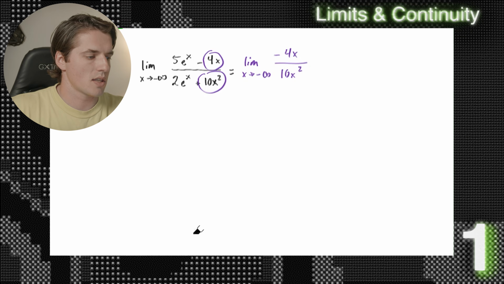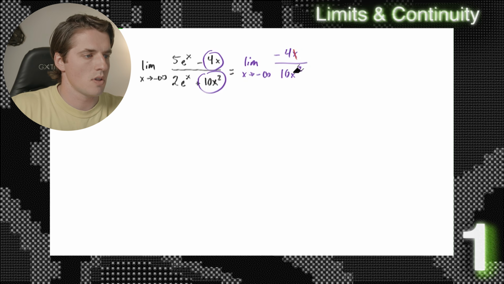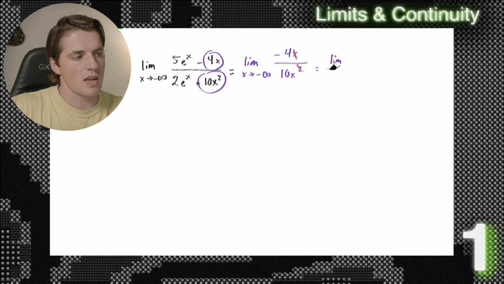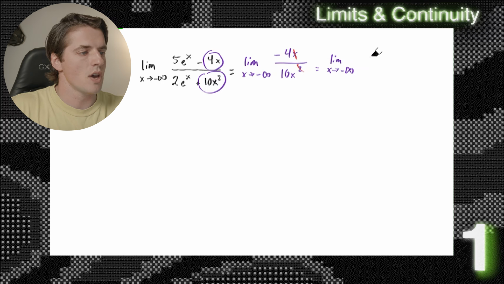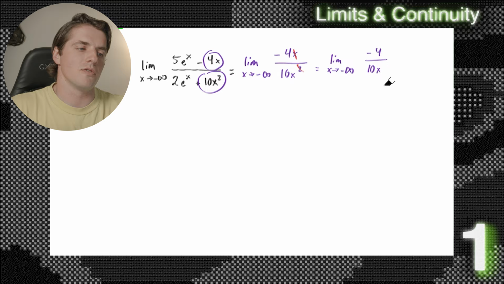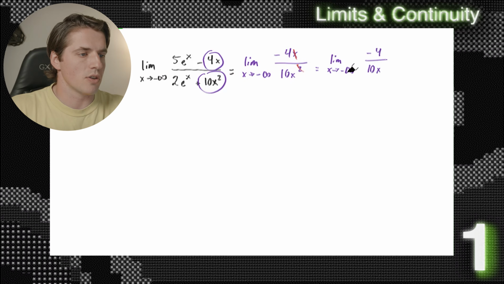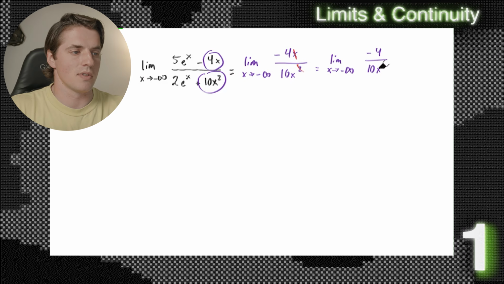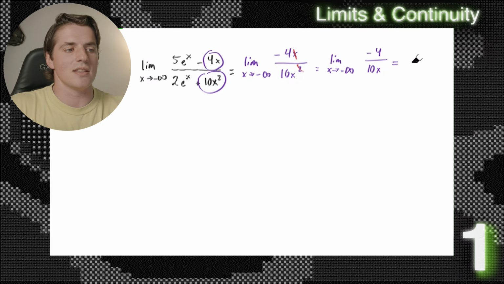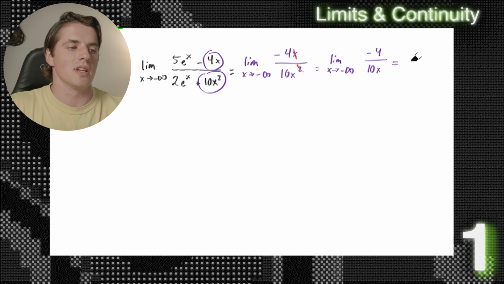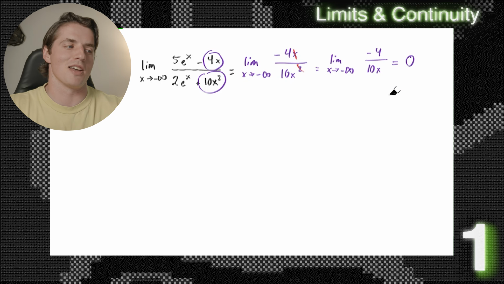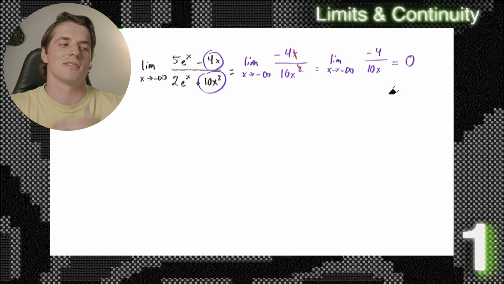We can cancel one of the x's, so we have the limit as x goes to negative infinity of negative 4 over 10x. When we plug in negative infinity here, we're going to have a negative infinity in the denominator and a negative 4 in the numerator. So this ends up being negative 4 divided by negative infinity, which ends up being 0. It doesn't matter if it's positive or negative because the bottom makes this 0.